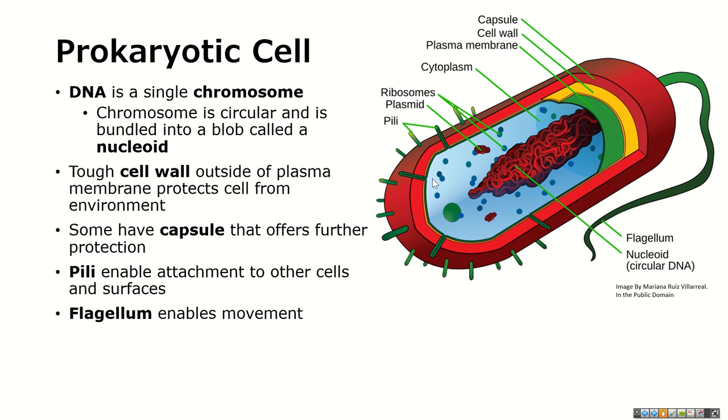Some of them have little pili, which are these little spiky things that help the cell connect to other cells or structures. And then some have a little tail called a flagellum that they can whip to move through fluid. But all of them are going to have the DNA in one chromosome that we call a nucleoid. They're going to have a plasma membrane and a cell wall.